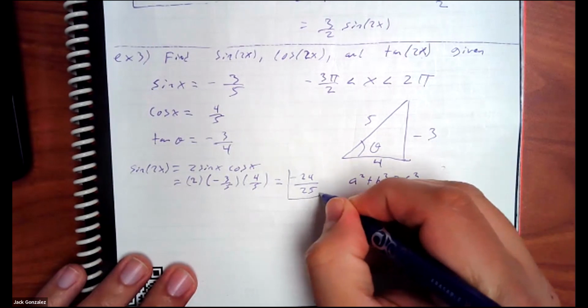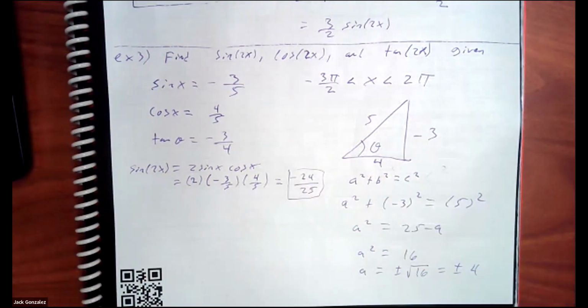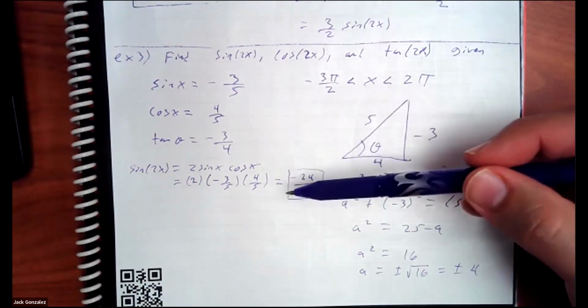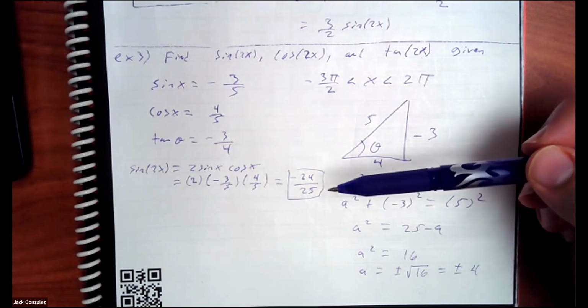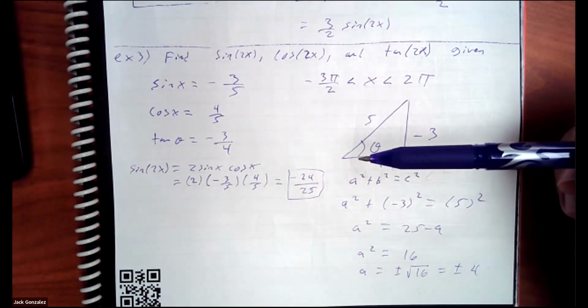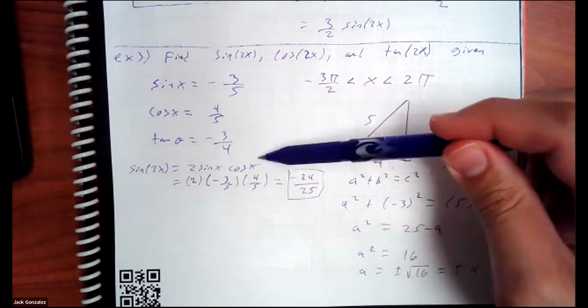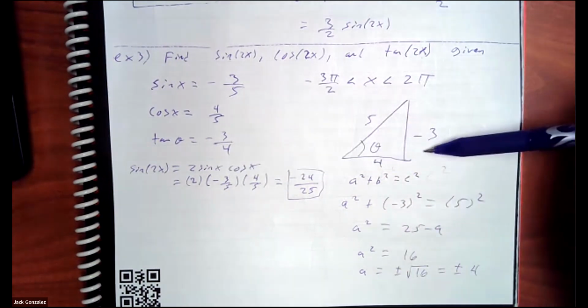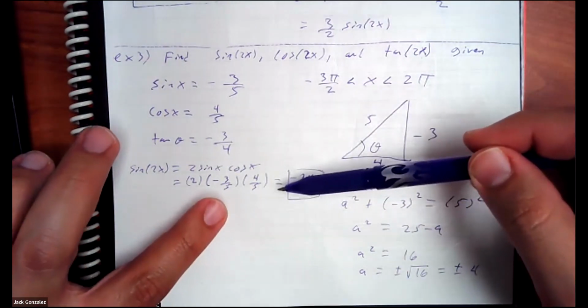So there is sine 2x. Any questions on what we did here? Does that make sense? We got sine, cosine from the triangle, and we just plugged them in, right?